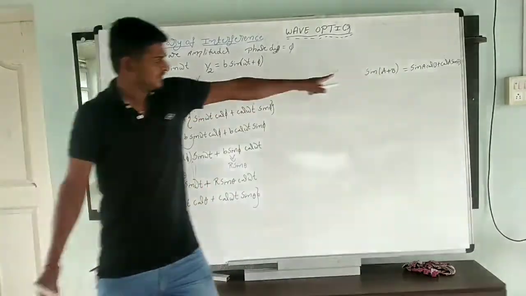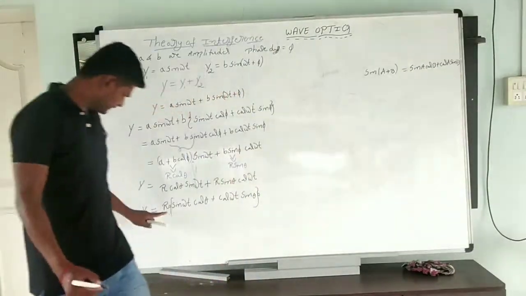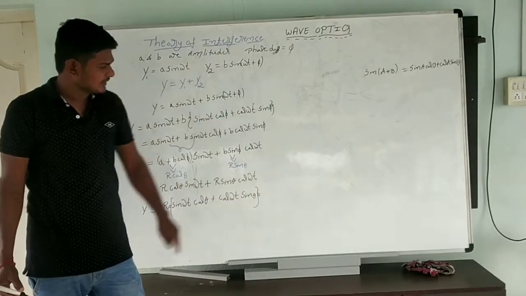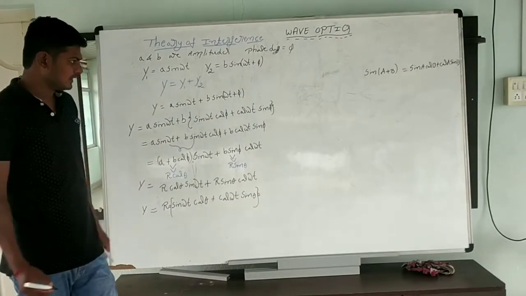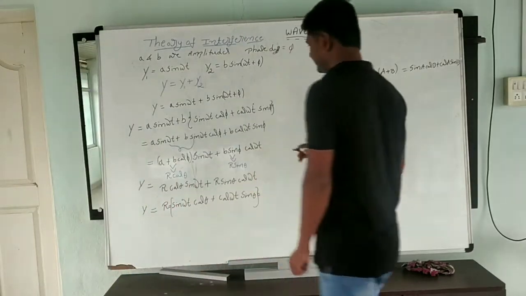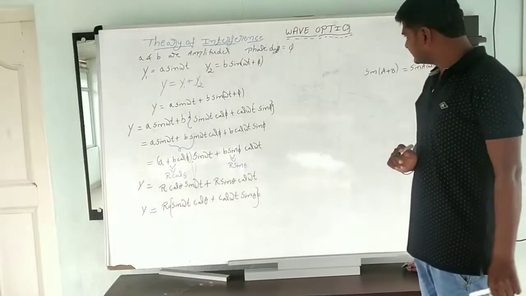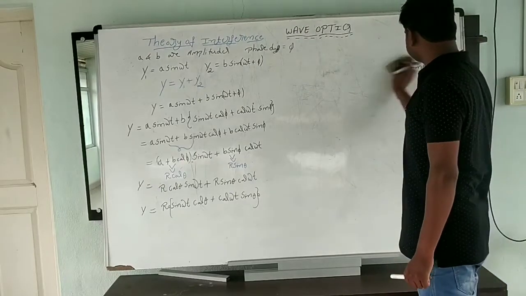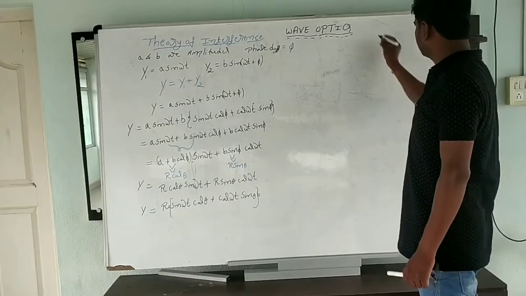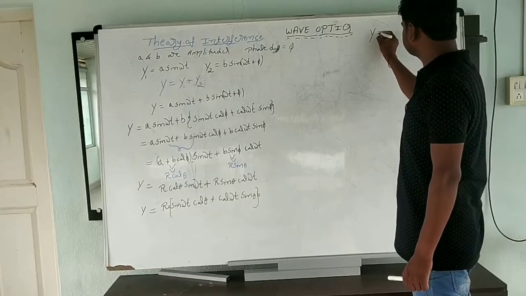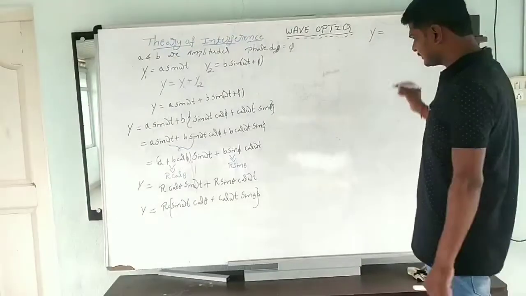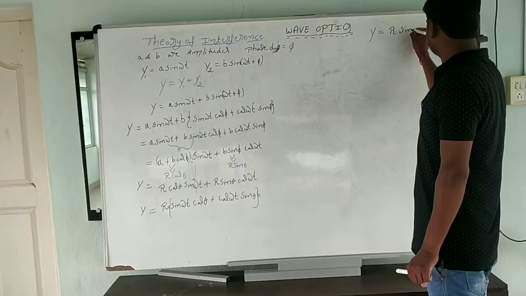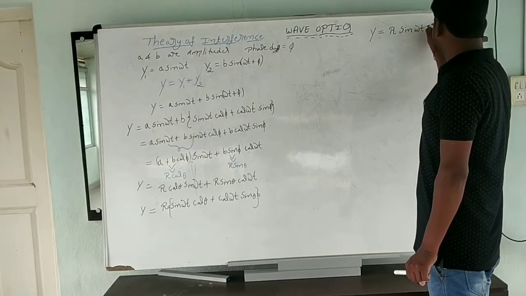Again it is in the form sin A cos B plus cos A sin B, so I apply the sin of A plus B formula. Therefore the resultant displacement y is equal to R sin (omega t plus theta).